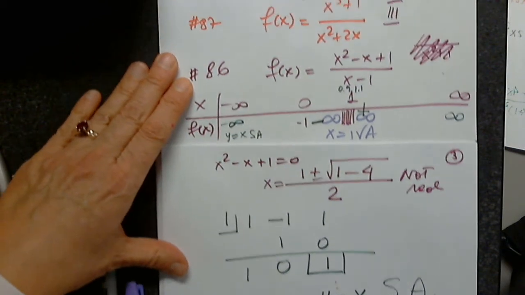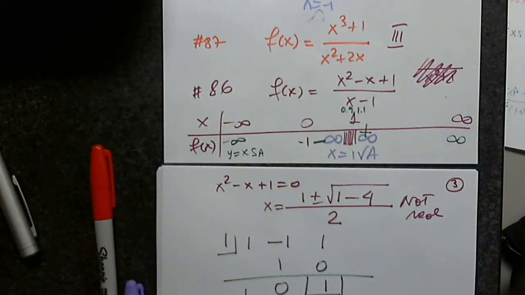I'm trying to make sense of this information. Let's see if we can. From approaching the slant asymptote, it's coming up and crossing the y-axis at 0, -1, and then it drops down to -infinity on the left-hand side of the vertical asymptote.